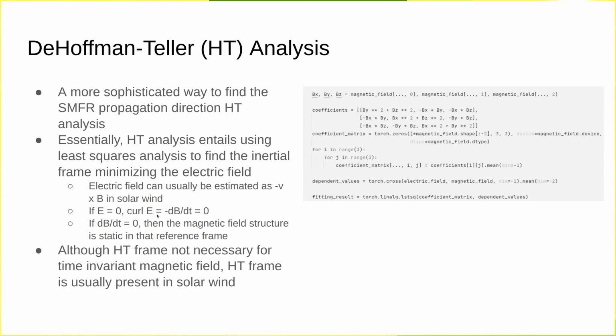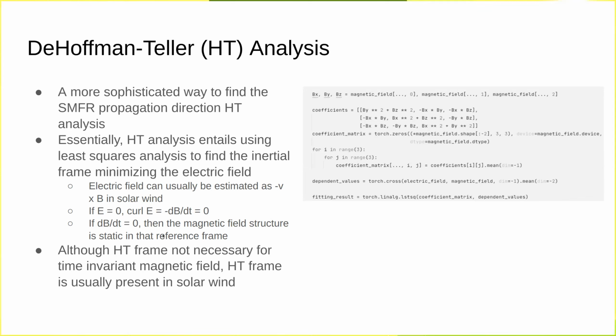So using electromagnetics theory, if the electric field is zero, then the magnetic field has to be time static in that inertial frame, meaning if you're moving at that speed, then the magnetic field would appear to be not changing in time.